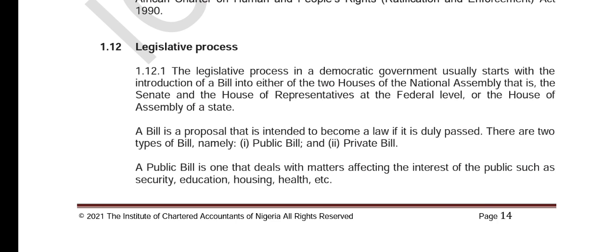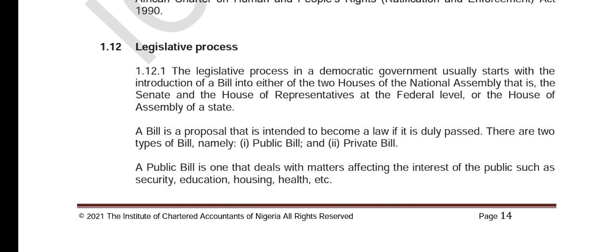Now, under the legislative process, in a democratic government, when we're looking at the legislative arm of government, we're always hearing bill, bill, bill. There's always an introduction of a bill in the houses, either the Senate or the House of Representatives.